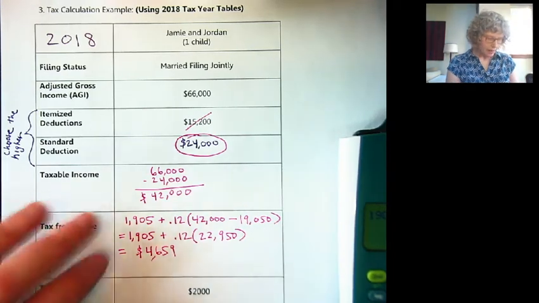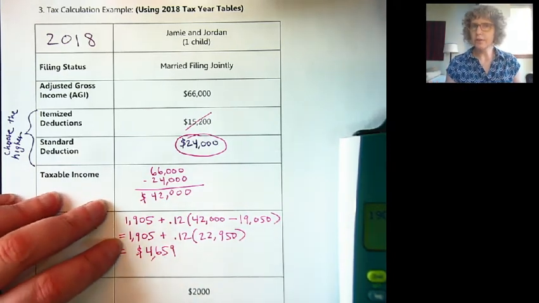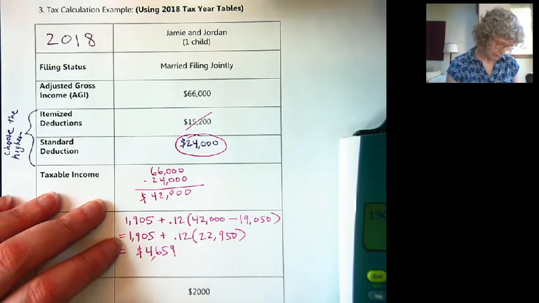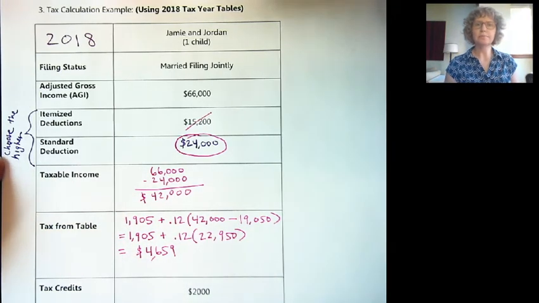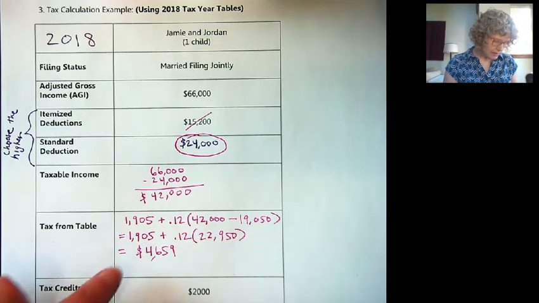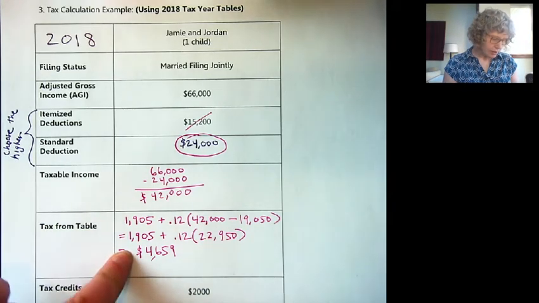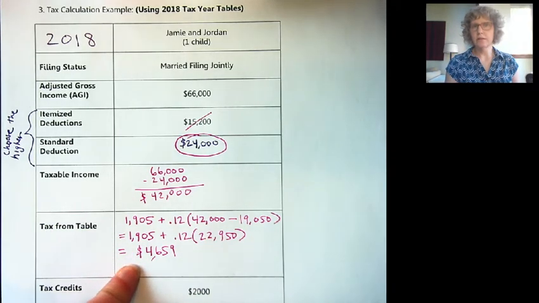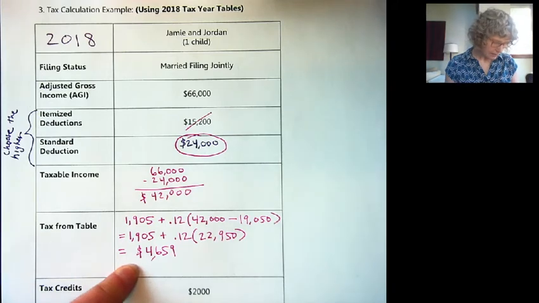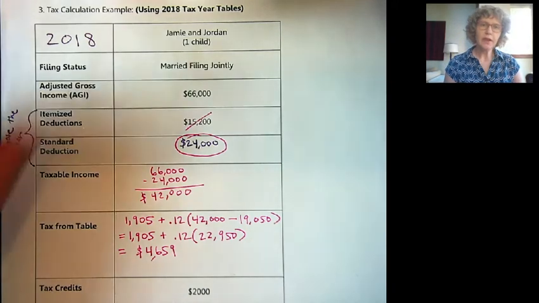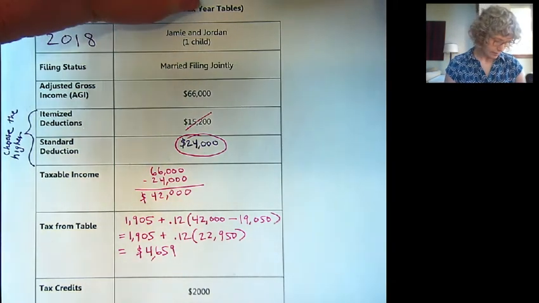Okay, you can put the dollar signs along all the way through, but at least have it at the end. You want to have units on everything. Okay, so this is the amount of tax that Jamie and Jordan owe in the tax year 2018. However, they also have tax credits.